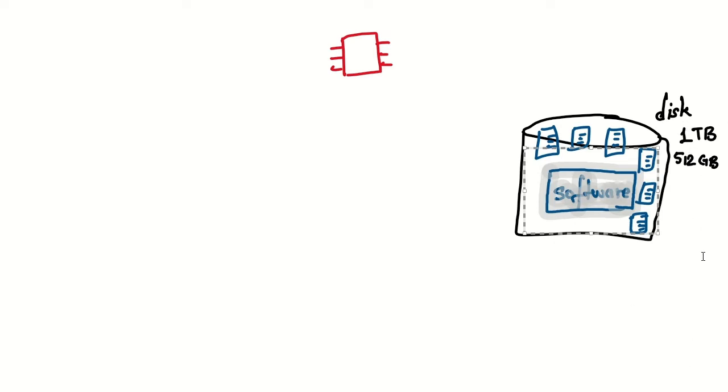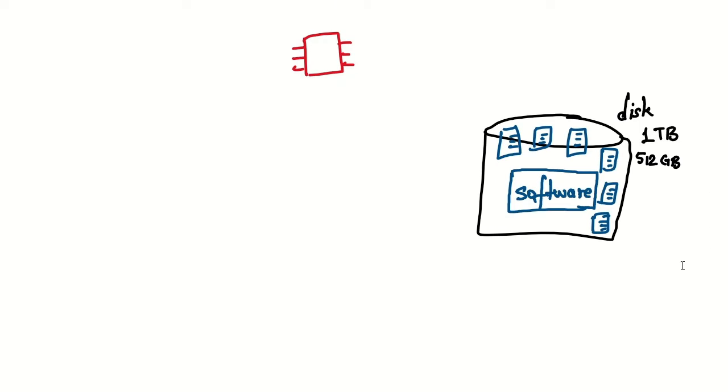For 1 terabyte of data, to address each byte, how many address lines will I need? Address lines will be the same as the number of bits. How many bytes are there? 1 terabyte. If I am addressing every byte, it is byte addressable space, then it will take 40 lines.